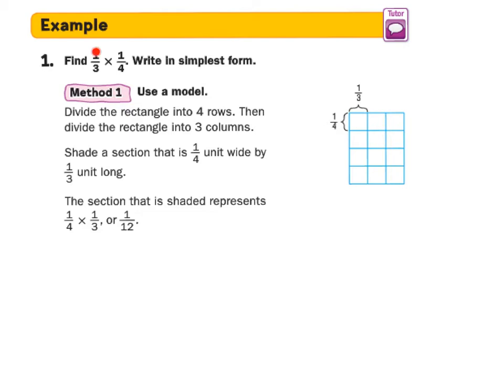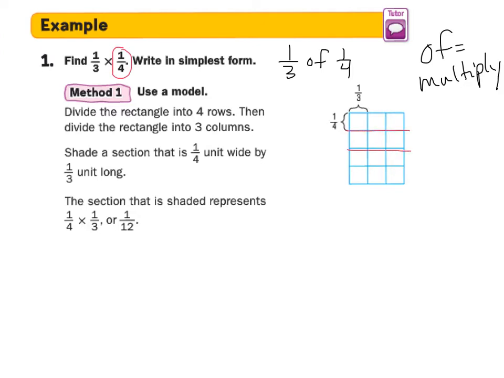They'd like us to take 1/3 times 1/4, and I'd like you to write this down. This is the same thing as 1/3 of 1/4. Remember, of equals multiply. So using this model, we're going to cut it into 4 rows. So I have 1, 2, 3, 4 rows, and I'm only going to focus my eyes on the top row. 1 row, that's all we can look at.